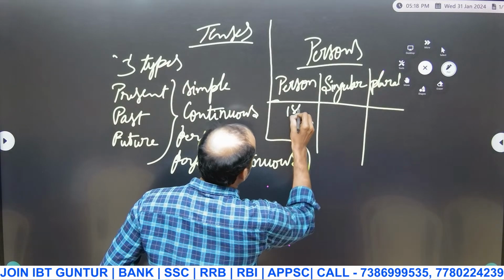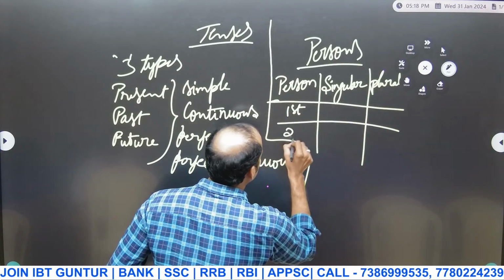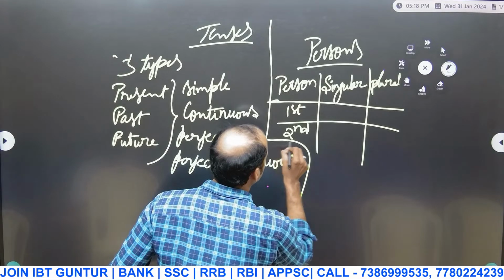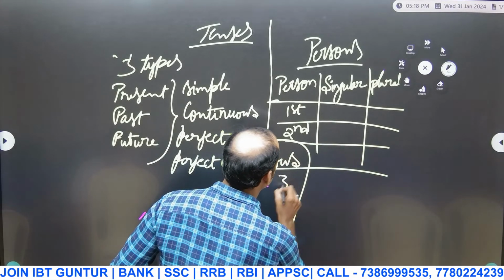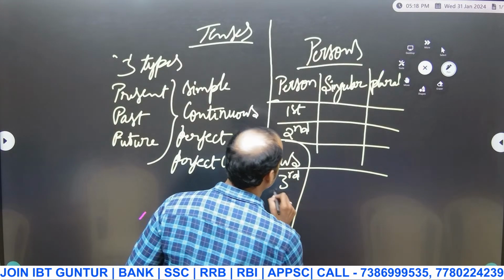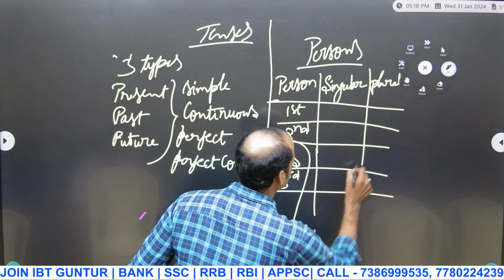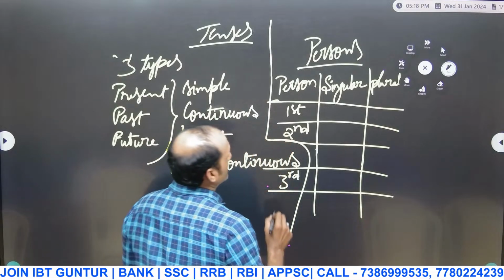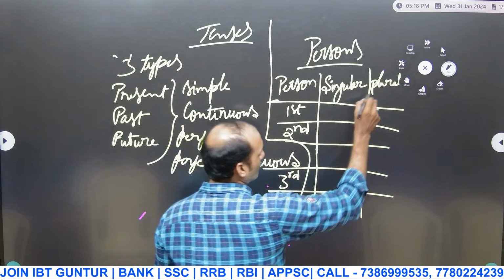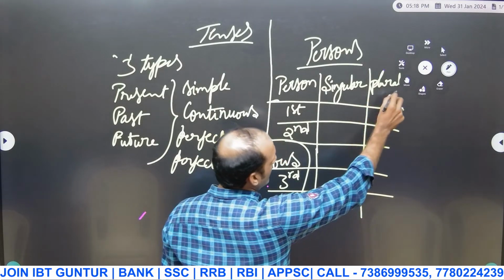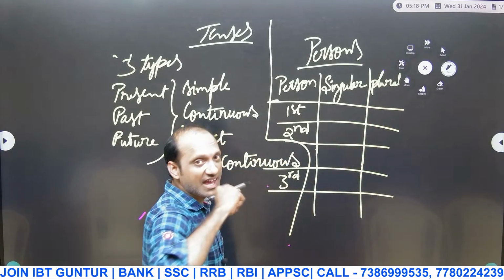First person, second person, and third person. Singular in the sense only one, single. Plural in the sense more than one.